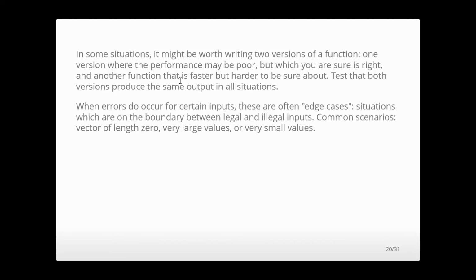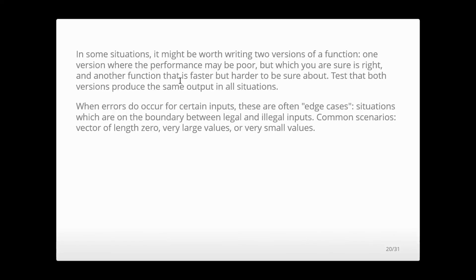When errors do occur, they often occur at edge cases, which would be the boundary between legal and illegal inputs. So common scenarios for these edge cases are you're giving it a vector of 0 length, or a missing or null value, or you're giving it really large values close to infinity, or very small values, something close to 0 but not 0.